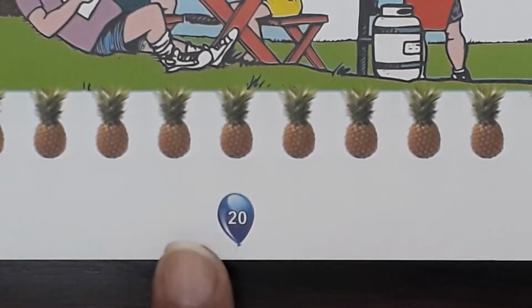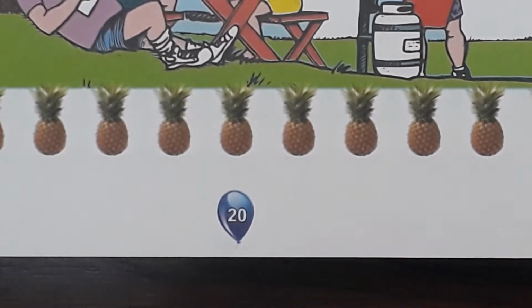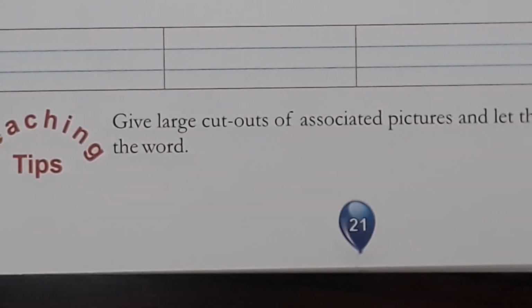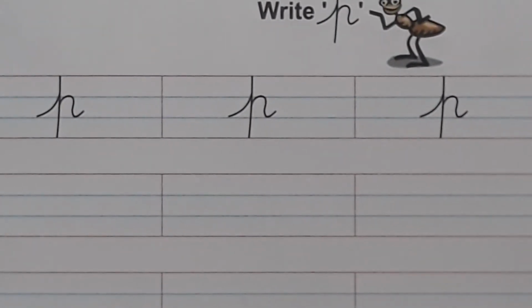Are you able to see clearly now? Page number 20. It has got the pictures, that is the vocabulary of letter P. And on page number 21, in the balloon, the number is 21, we will be doing the writing practice of letter P.